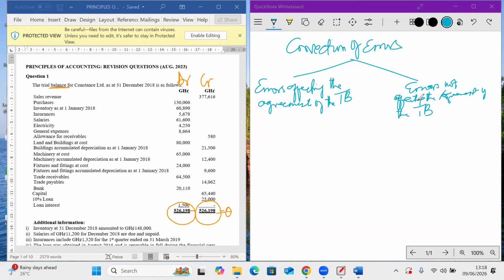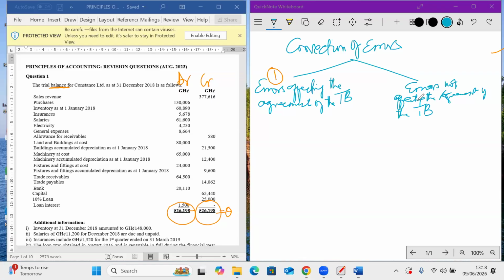It means that's balance. It's breaking even. So the first type of errors we're talking about on the left-hand side, when they occur, the trial balance totals will not be the same. Debits and credit sides will not be the same.